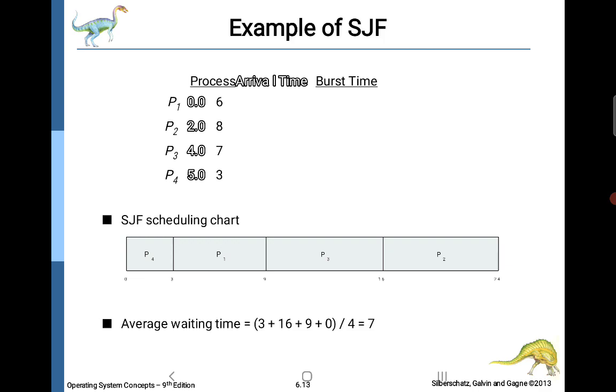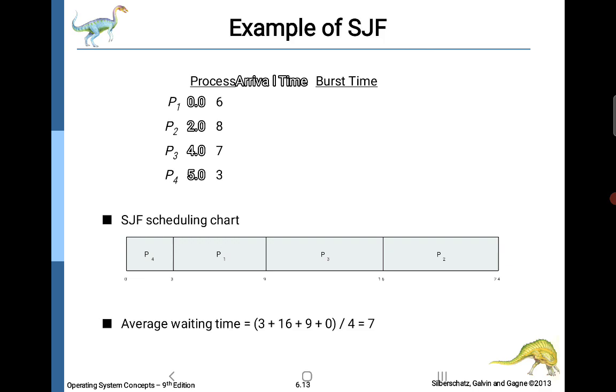All three processes have arrived in the ready queue while P1 was still executing in the CPU. After P1 finished execution, you will see that the three other processes were in the queue waiting to be selected.